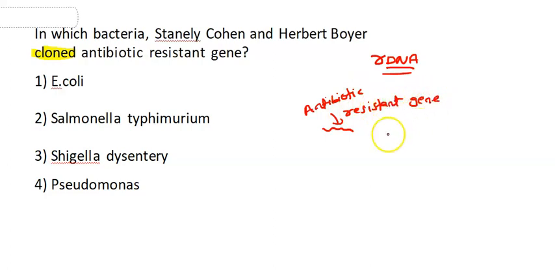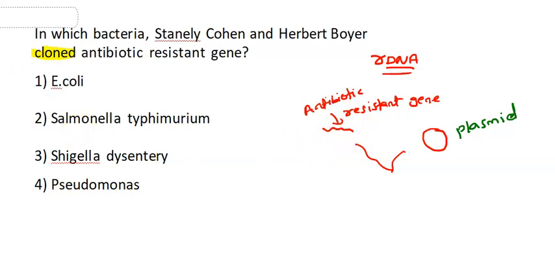And also we will take one plasmid. I will write it in another ring. This is a plasmid and this is an antibiotic resistant gene. I took a small piece of the antibiotic resistant gene.